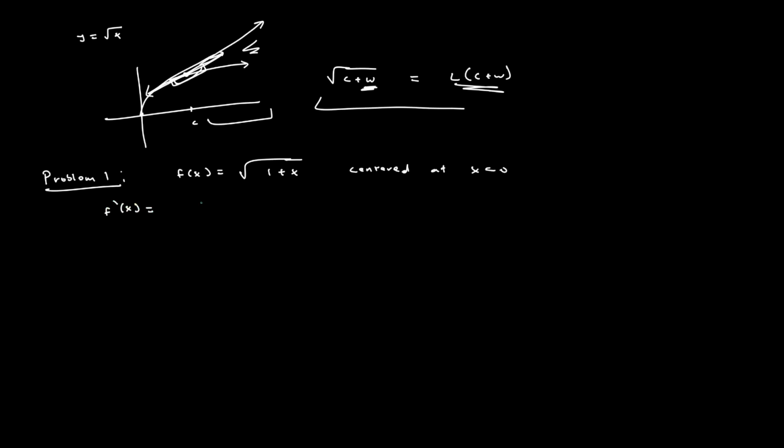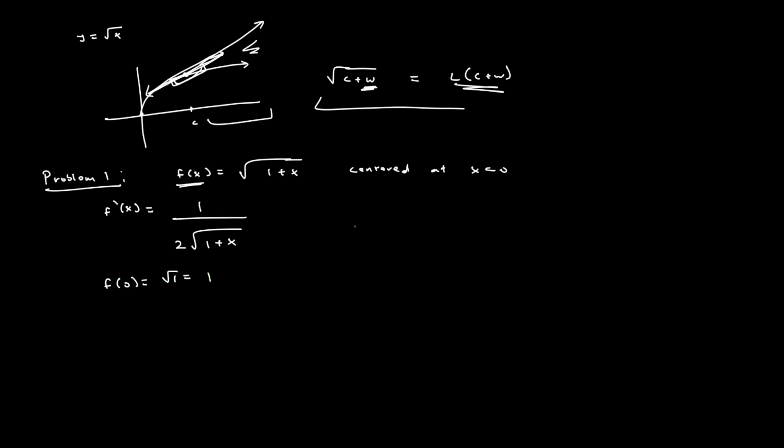So the derivative is simply 1 half over square root of 1 plus x, right? So that's our derivative. And then we also need to find the value of function f at 0. So f of 0 is simply equal to the square root of 1, which is equal to 1.